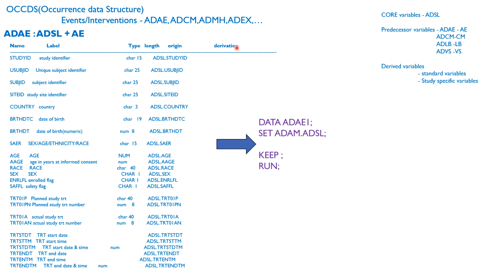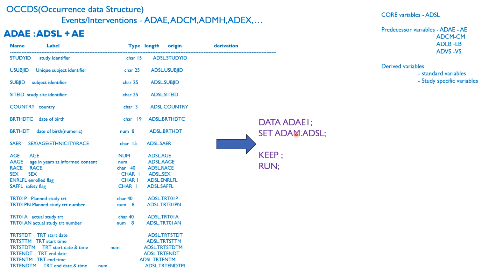Okay, so coming to ADAE, how ADAE is created from the AE domain, the adverse event domain, in ADaM, we will discuss. The ADAE domain is a combination of ADSL plus AE domains. Whatever ADSL domain variables there are, all those variables will come in ADAE also.